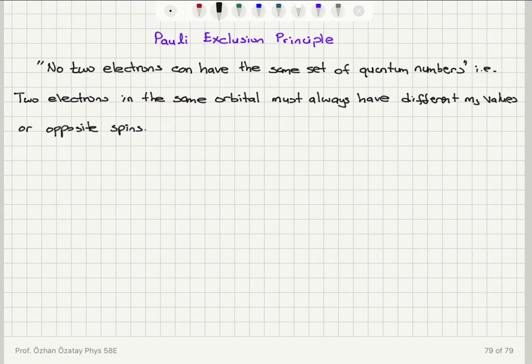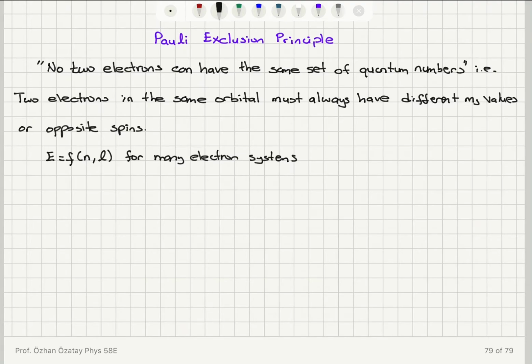The other thing we talked about was the principal quantum number n and l. When we place these electrons in these shells, the electrons also interact with each other, so the energy of an electron in general depends on n and l for many-electron systems.